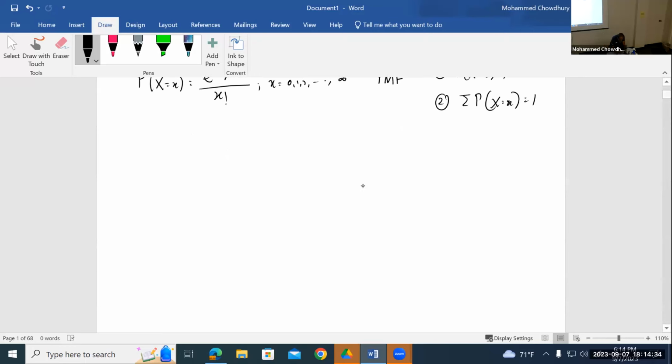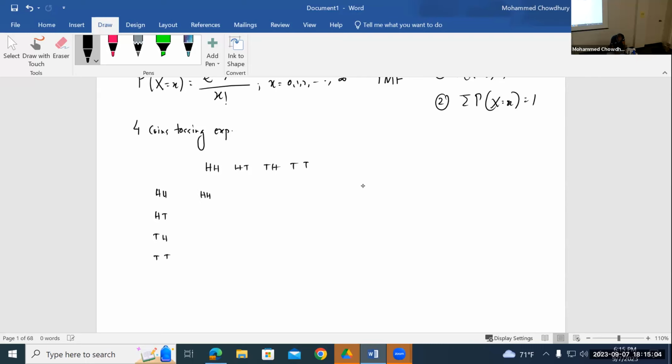Okay. Suppose we have a 4 coin tossing experiment. I want to conduct a 4 coin tossing experiment. So if I put here 2 coins, HH, HT, TH, TT, here is 2 coins. And here I want to put another 2 coins, HH, HT, TH, and TT.